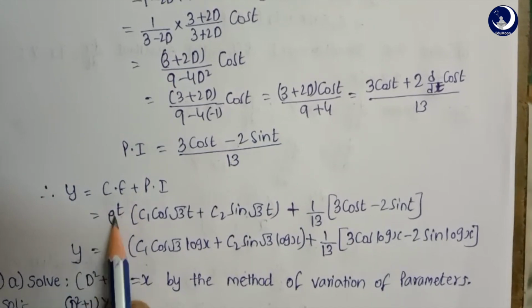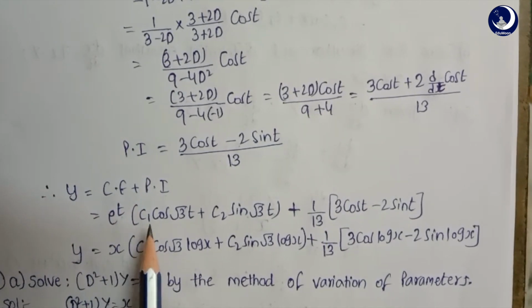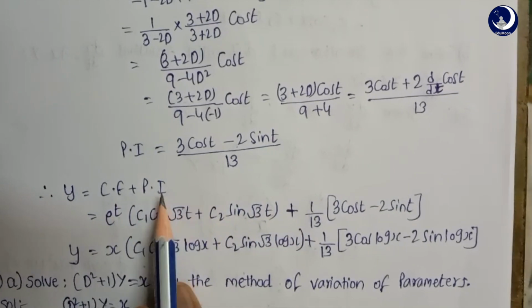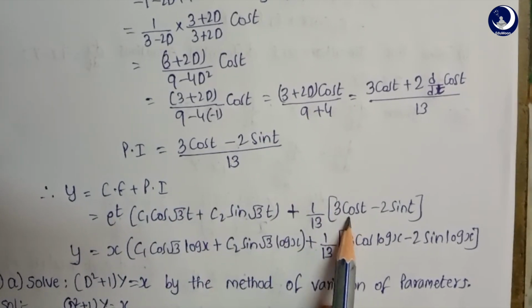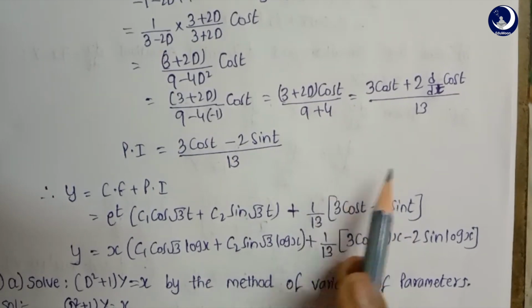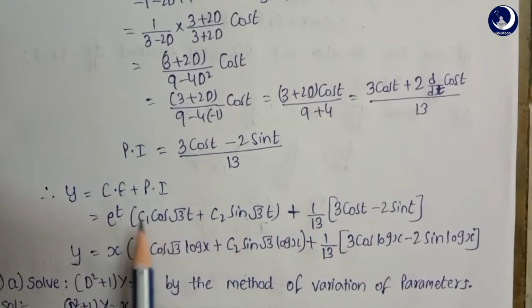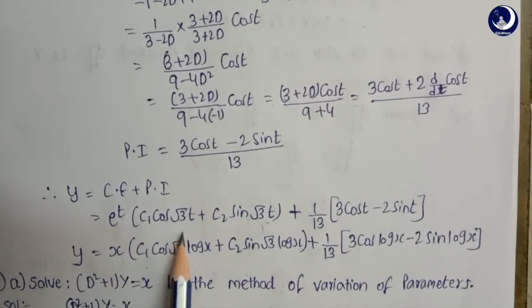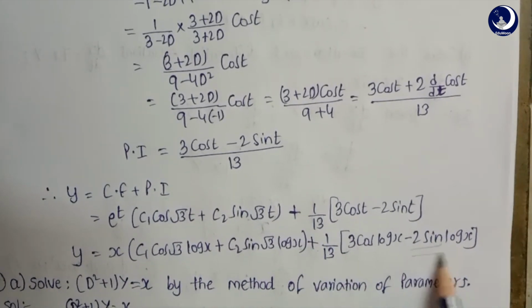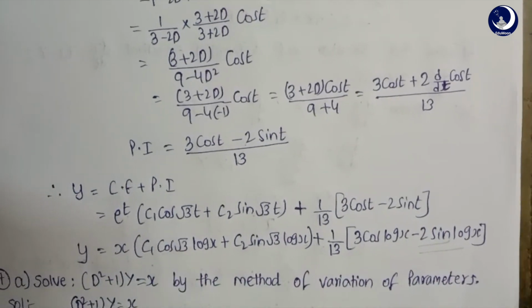The required solution is y equal to e power t into c1 cos root 3t plus c2 sin root 3t, which is CF, and PI is 1 by 13 into 3 cos t minus 2 sin t. And we know that x equal to e power t, so t means log x. By replacing the function, we got the general solution. This is the general solution.